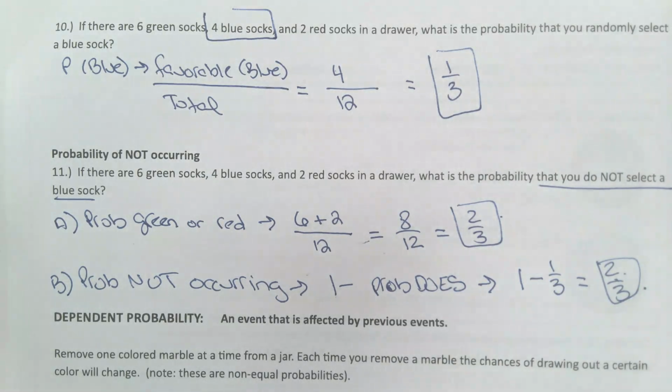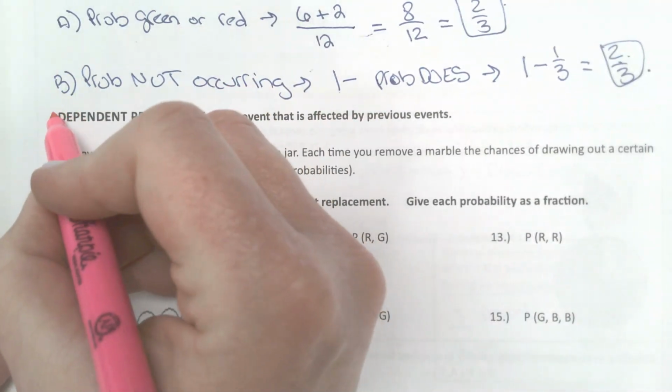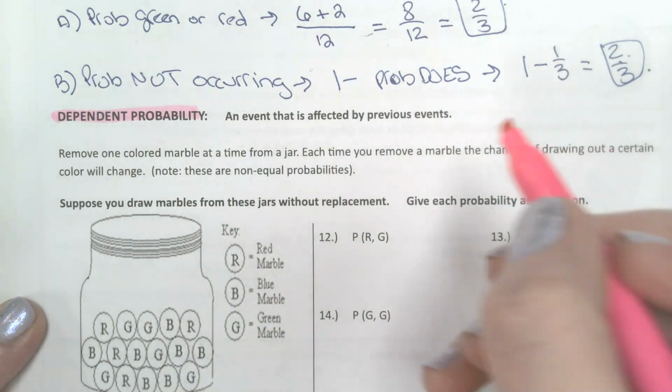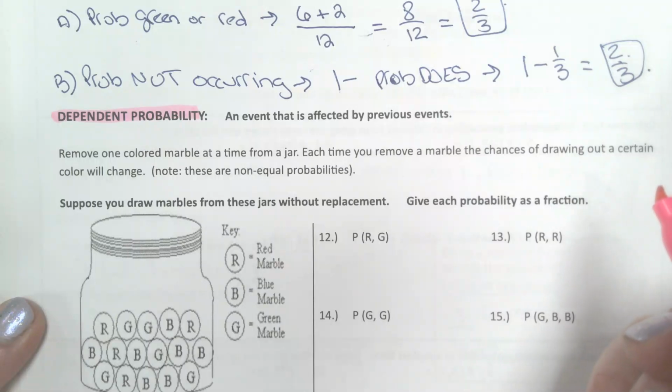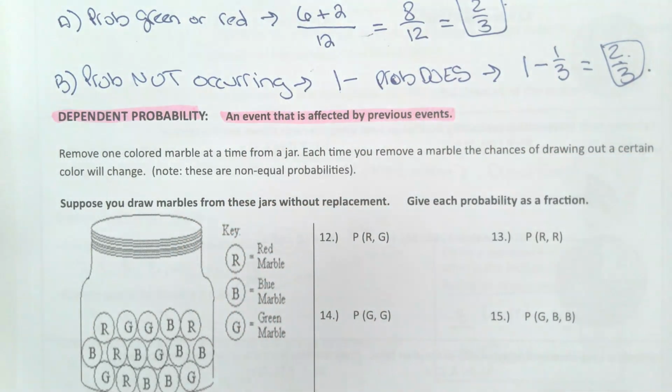In the next section, we are going to have dependent events. For the dependent events, each time you remove a marble, you're not going to put it back. Dependent probability means that one event is affected by the other one.